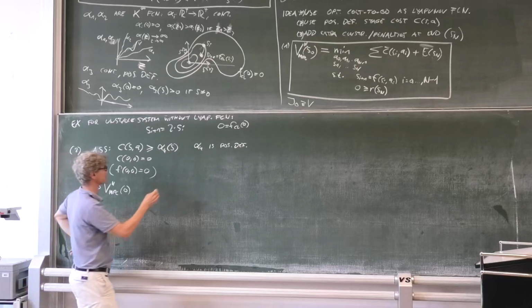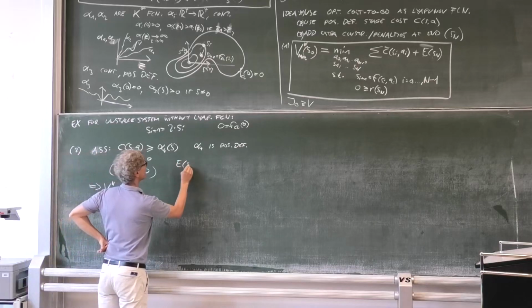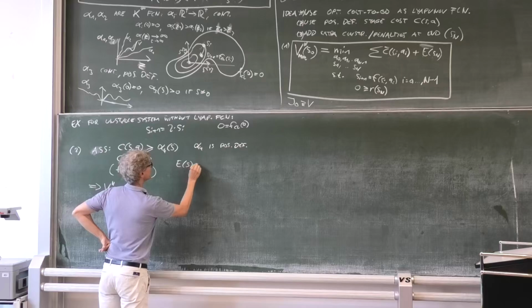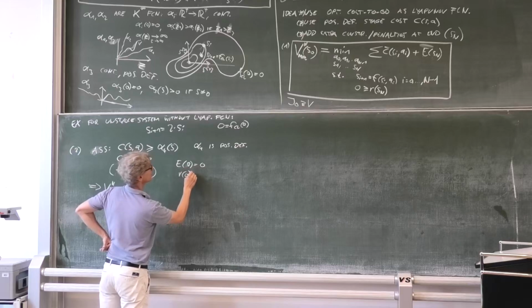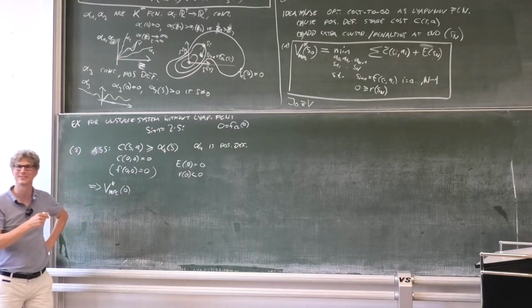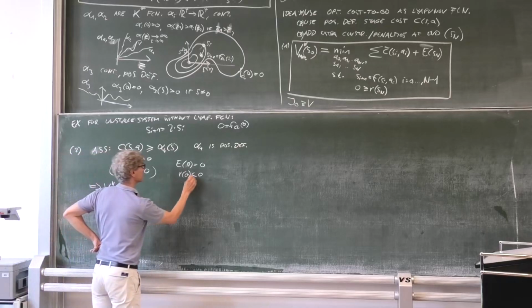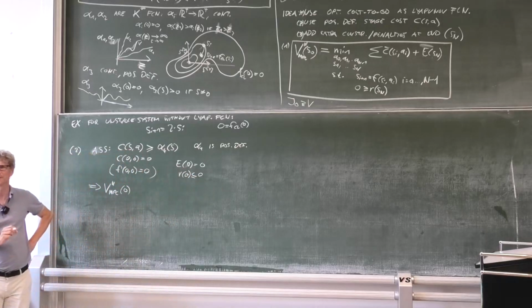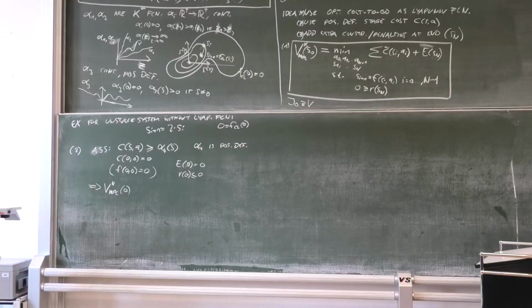I should say that you also assume that E of S of 0 is 0, and that R of 0 is smaller than 0. Maybe not be too restrictive. So somehow this is what you assume. So 0 must be a feasible trajectory.